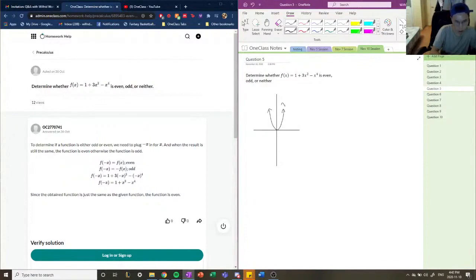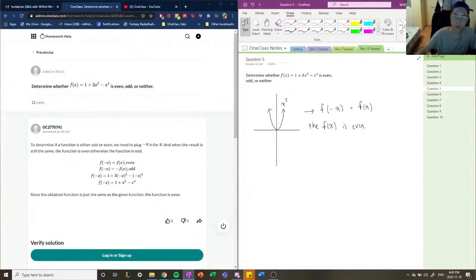We describe even functions as: if f of negative x equals f of x, then f of x is even. For example, if x is -1, we plug in -1 here, it outputs 1. If we say x is 1, we plug in 1 here, it outputs 1. So we now know that f of 1 equals f of -1, so we know that f of x is even.